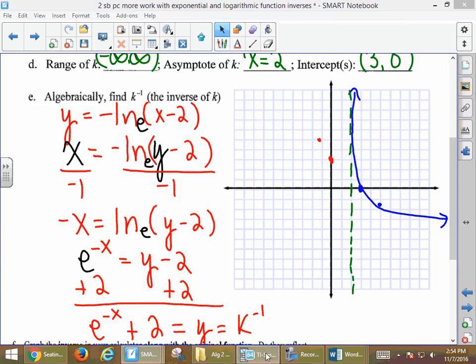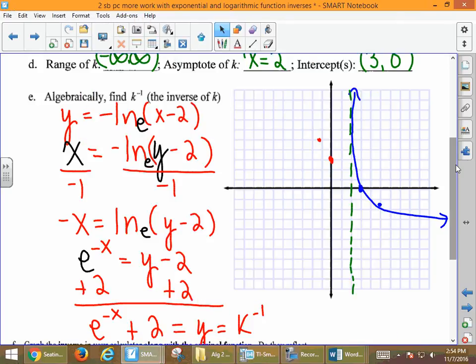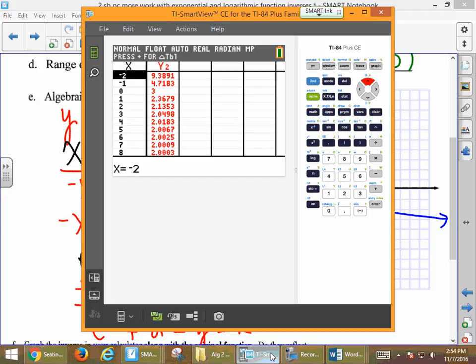And let's see if we see any other points that we can use. And negative 1.15 we're not going to be able to see on here, but negative 1 and 4.7 seems to be reasonable. Negative 1 and 4.7. Let's see what positive 1 is. Positive 1 is 2.4.